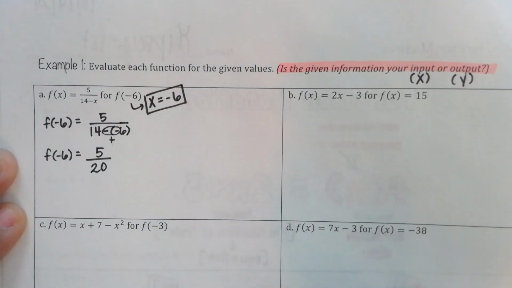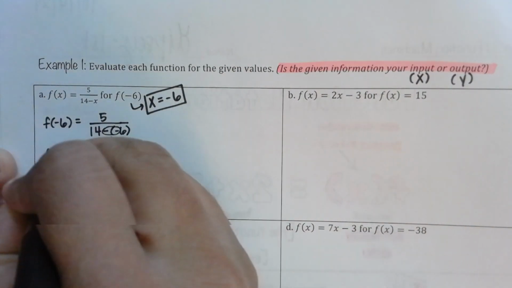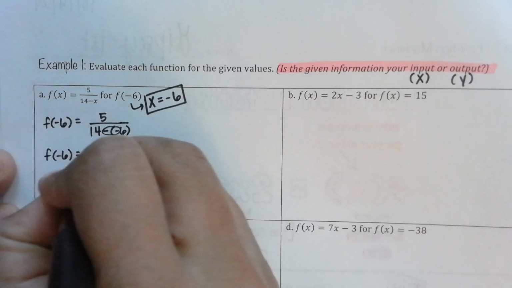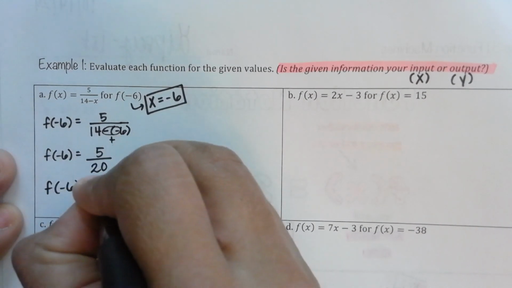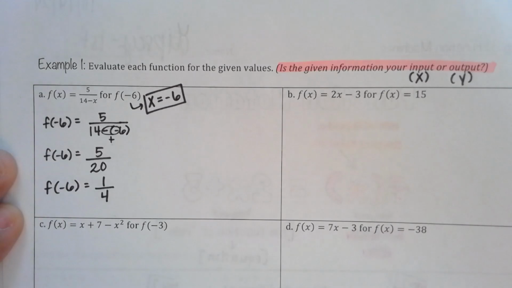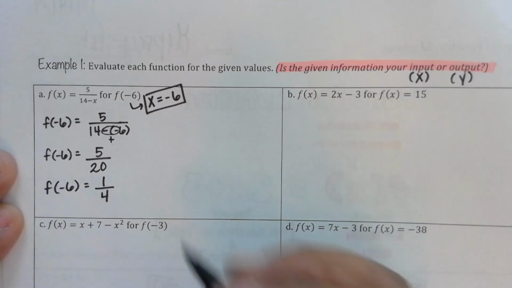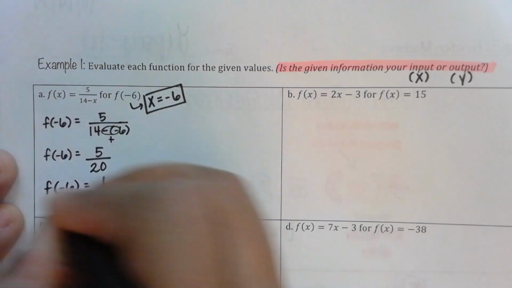So what'd y'all get? 1 over 4. So I have f of negative 6 equals 1 over 4. Any questions there? Does it make sense?